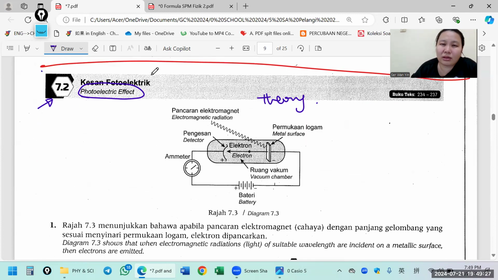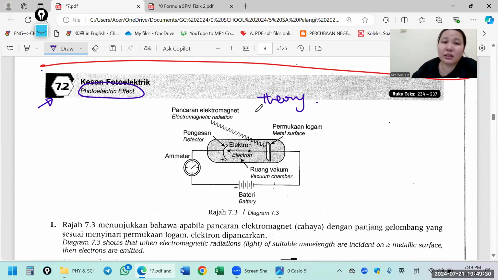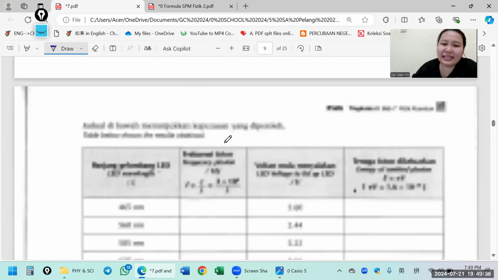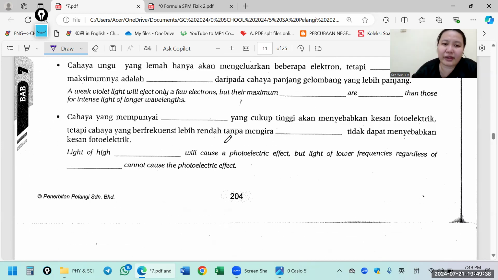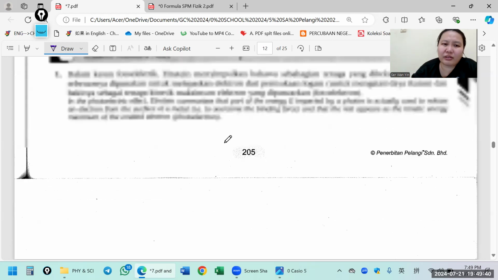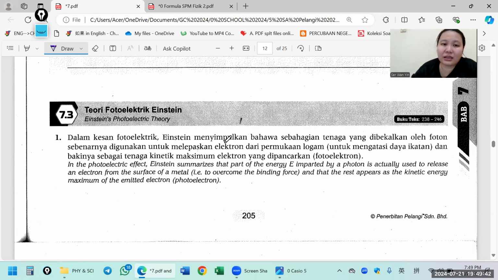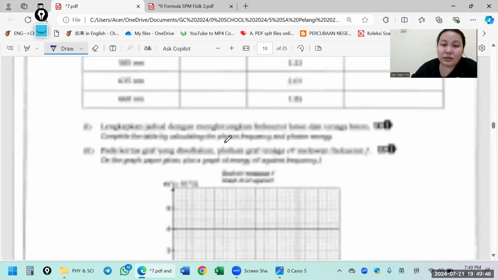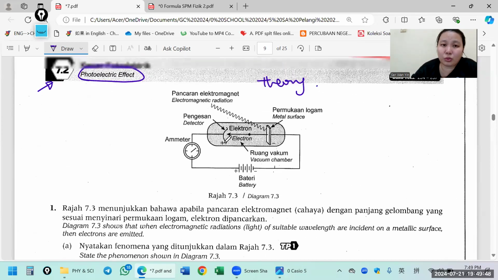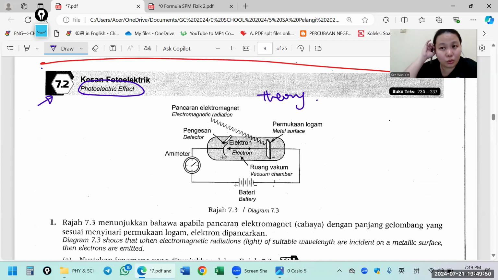Maybe we look at this first. What's the difference between photoelectric effect and Einstein photoelectric effect? Actually, I feel they are the same. So I use this diagram to explain first, then I show you the video.